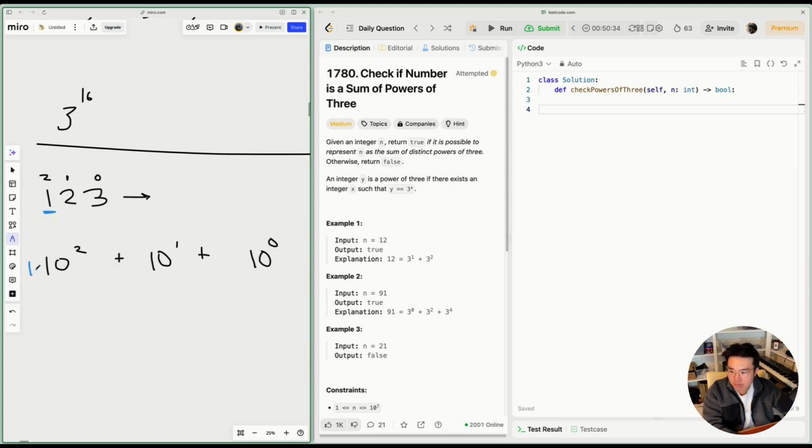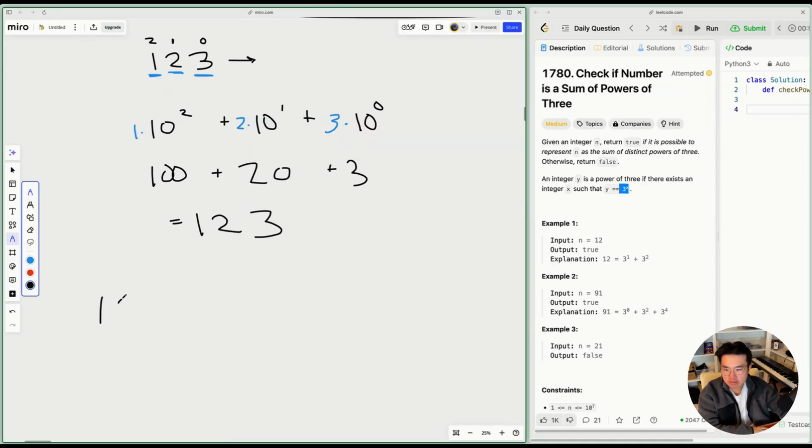So this happens one time, this happens two times, so 2 times 10 to the 1, and this one happens 3 times, so 3 times 10 to the 0. If we do all of this, we see that this is 100 plus 20 plus 3, which gives us 123.